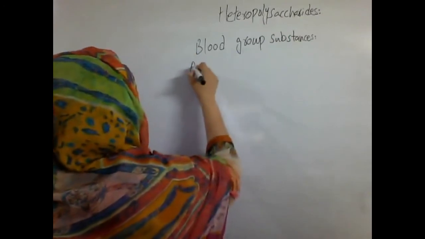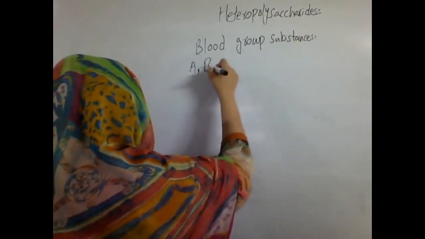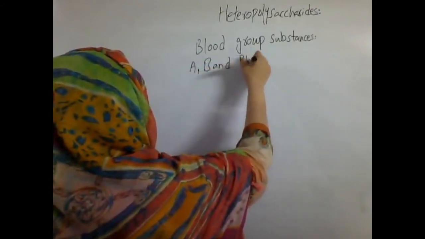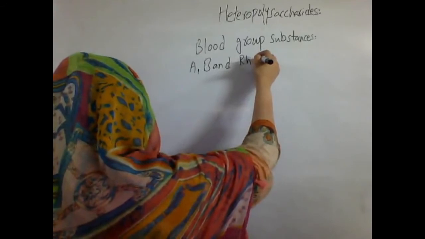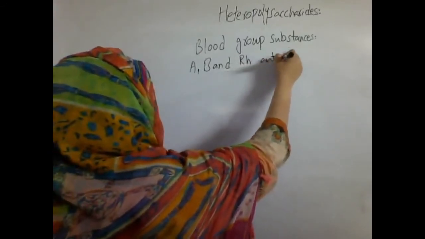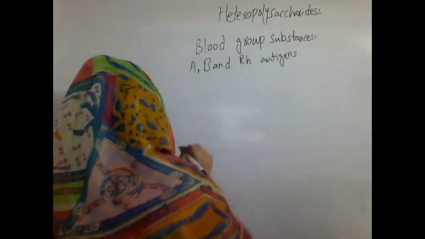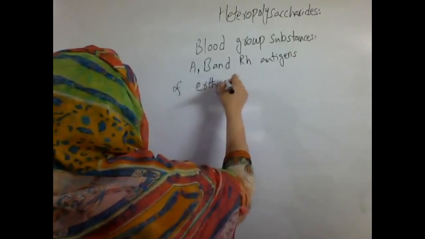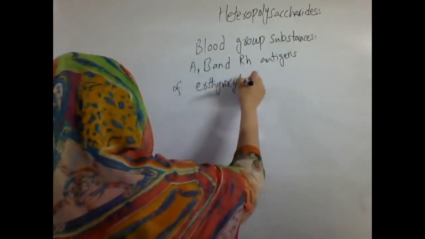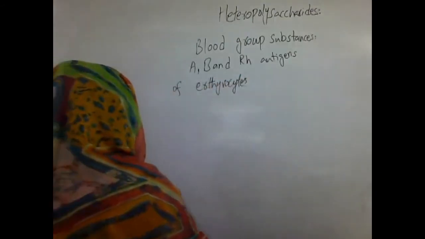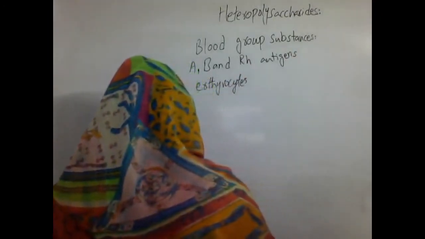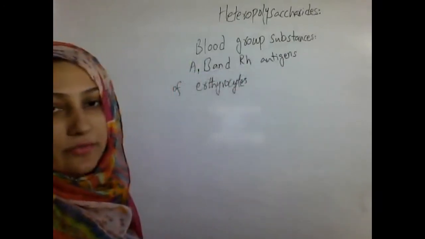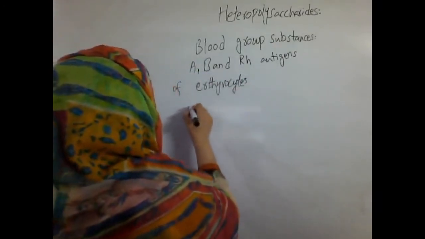These are the A, B, and RH antigens of erythrocytes. These are the A, B and RH antigens of the erythrocytes that are the natural mucopolysaccharides.